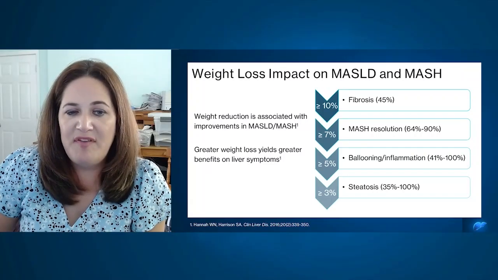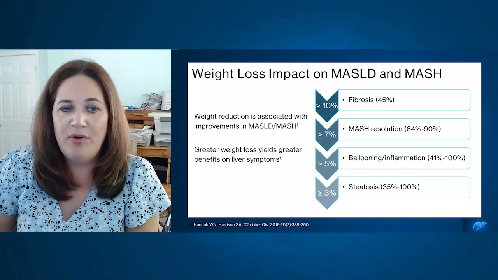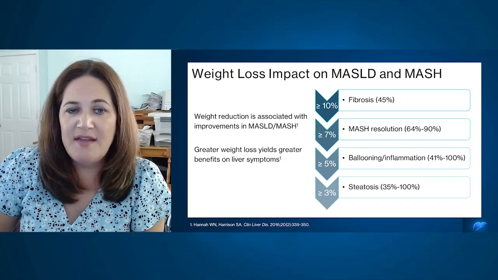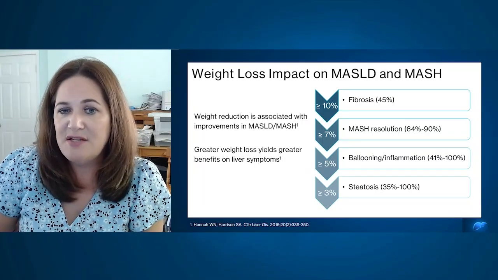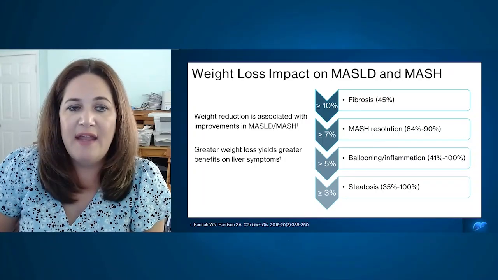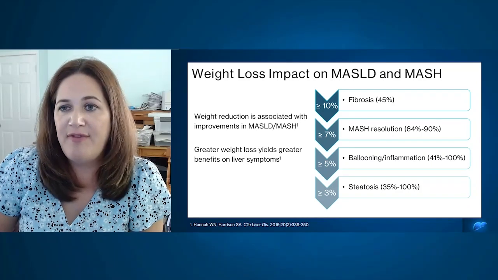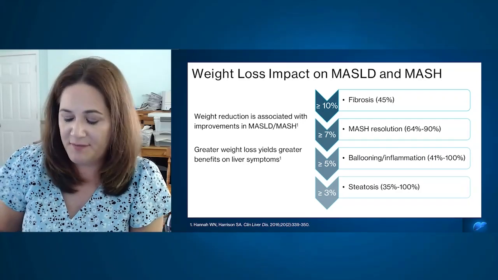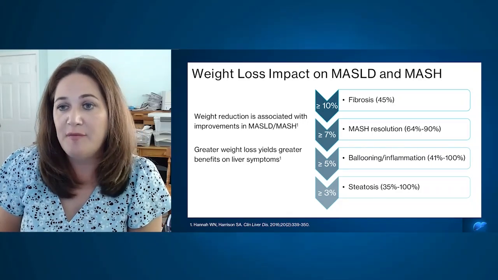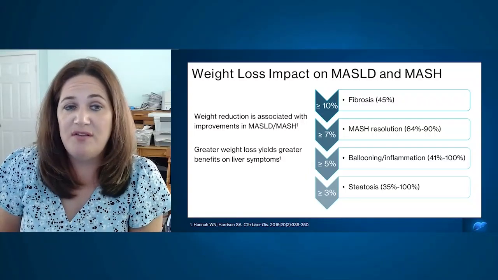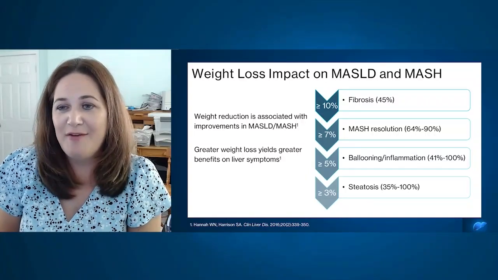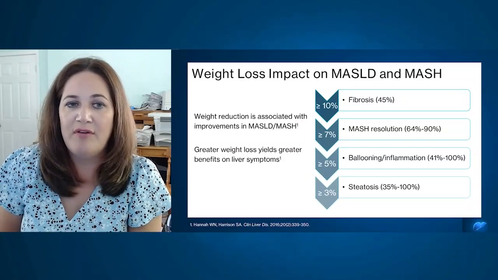With 5%, the ballooning and inflammation improve. With 7%, MASH has been seen to resolve. And then with greater than 10%, fibrosis reduction occurs. So really encouraging and awesome news that I tell my patients frequently to give them hope that it really does work and improve their liver health.